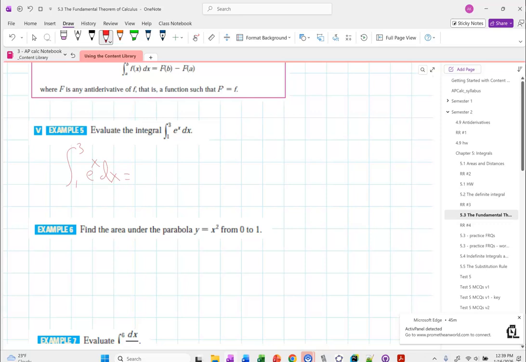What is the antiderivative of e to the x? E to the x. And then I just need to evaluate this from 1 to 3. There's my answer. If you want a decimal, you can type that into your calculator. But I'm done.